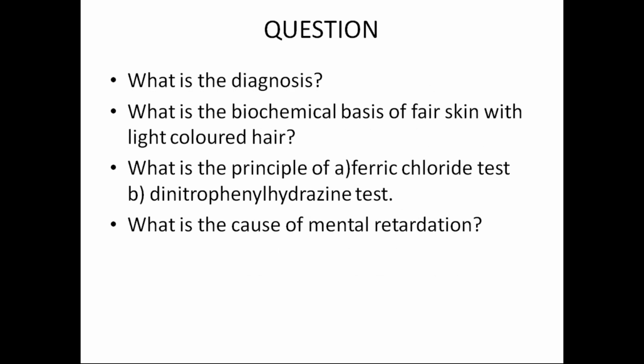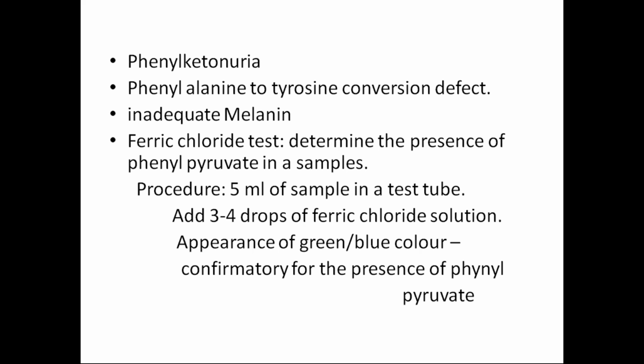Now the third question: the principle of the ferric chloride test and the dinitrophenylhydrazine test. In phenylketonuria, the ferric chloride test and dinitrophenylhydrazine test are positive, right? Coming to the principle of the ferric chloride test, it determines the presence of phenylpyruvate in the sample.